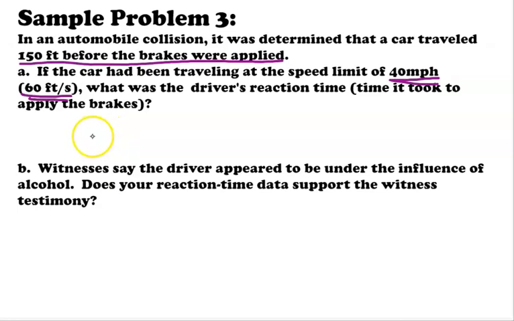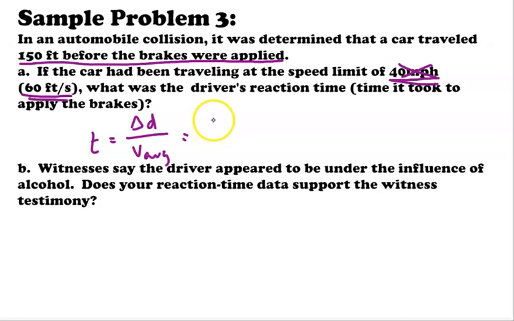So we want to know the time. Okay, so here's the time. Notice that we've got feet up here, so we're not going to use this 40 miles per hour. We're going to use this little bit of information here. The time that it takes for this whole thing to happen is distance divided by average speed.